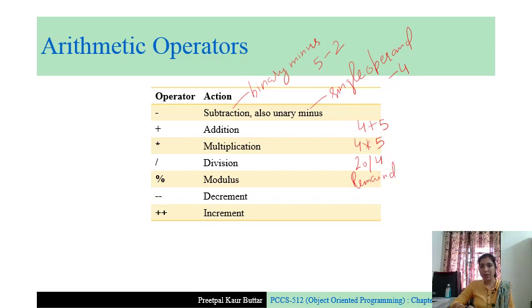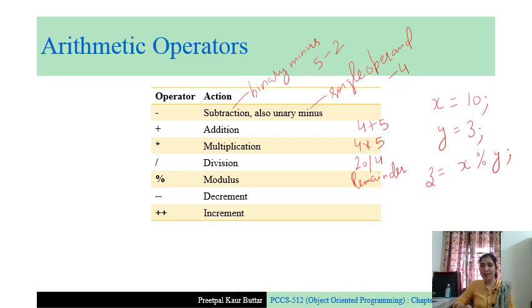What does this mean? For example, you have a variable x equal to 10, and another variable y equal to 3. Then z is equal to x modulus y. What will be the result of z?